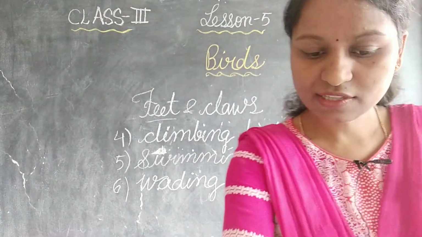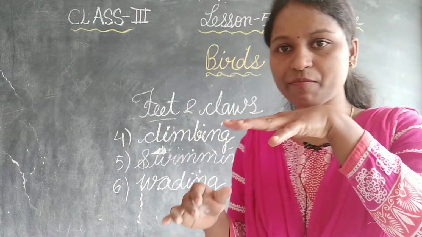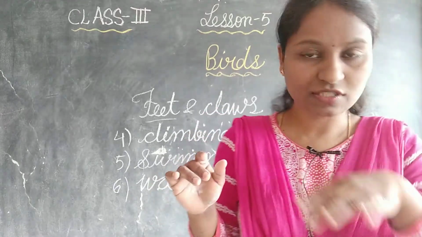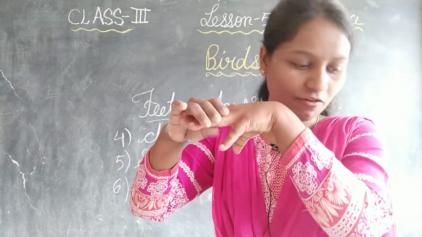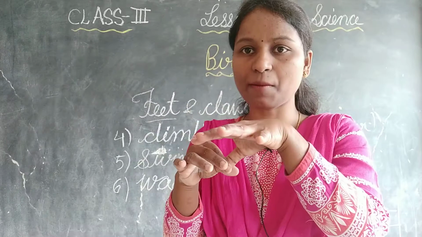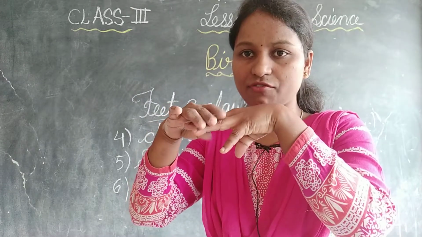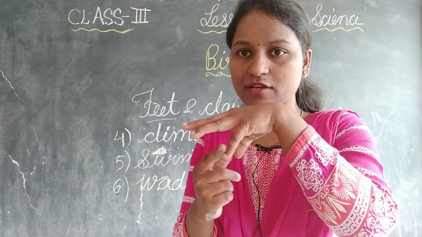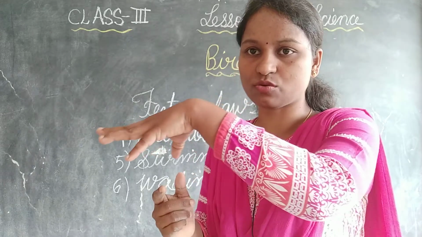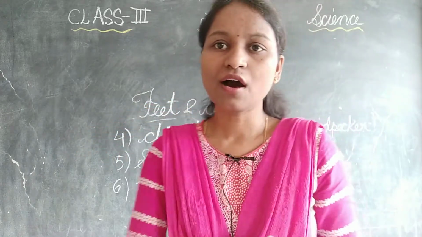In the webbed feet, there are 3 toes in the front and only 1 toe at the back, so that they can swim in the water.